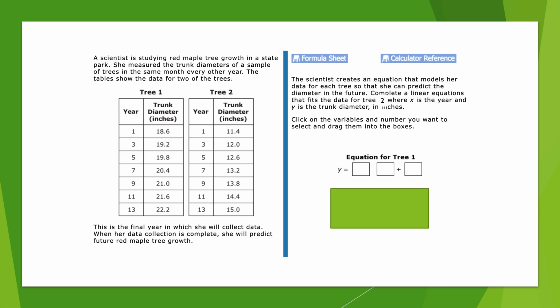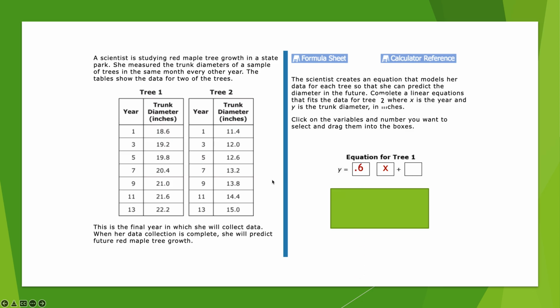Okay, so y equals, and the x always goes in that place. This is a situation where we have linear growth because they're going up by the same thing every single time, okay? And that is your slope. When you have a constant rate of change, it's linear, so it's y equals mx plus b. The slope that it's going up by is 0.6.